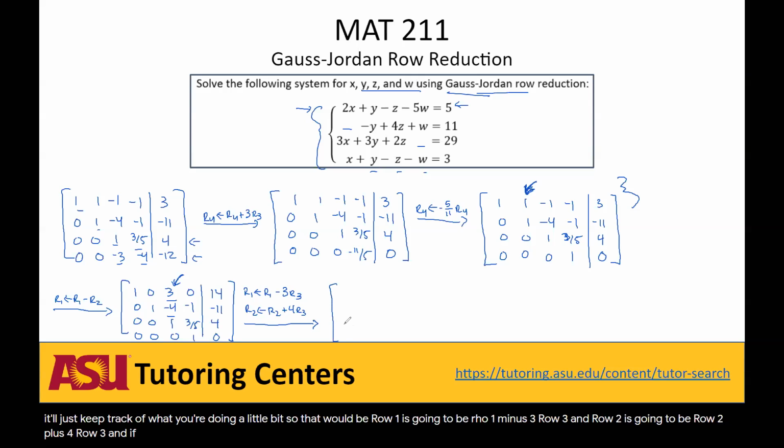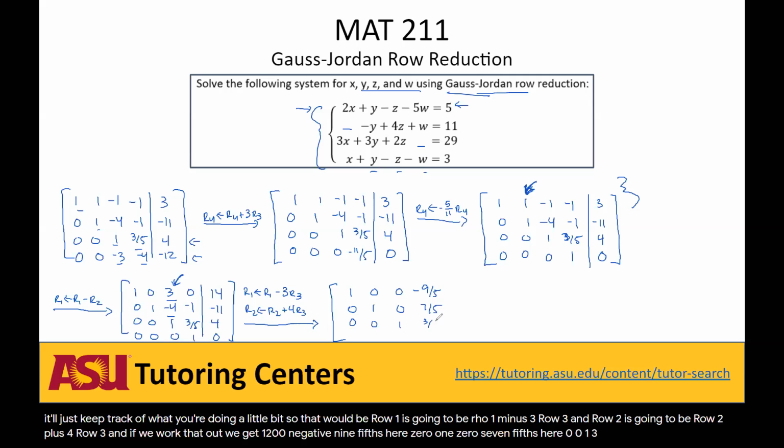And if we work that out, we get 1, 0, 0, -9/5 here. 0, 1, 0, 7/5 here. 0, 0, 1, 3/5. And 0, 0, 0, 1.